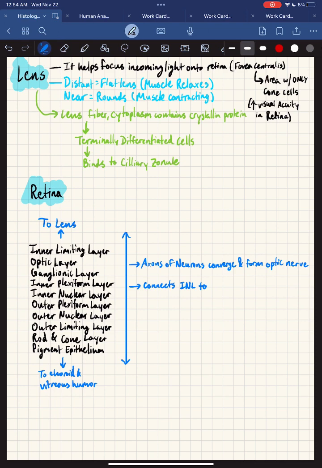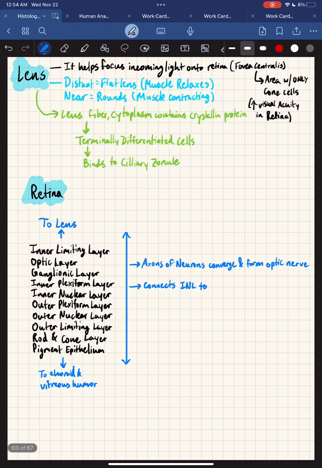So it's like a transfer layer. And then we have the inner nuclear layer, which contains the nuclei, crazy, of various neurons.